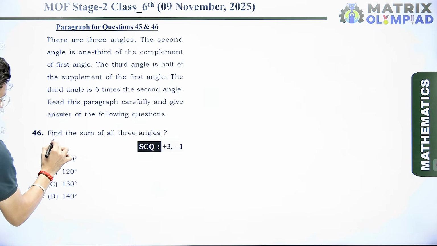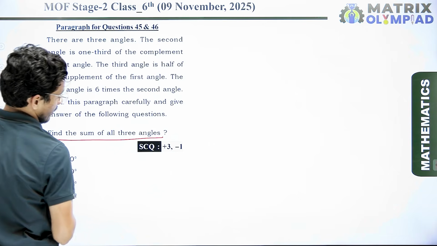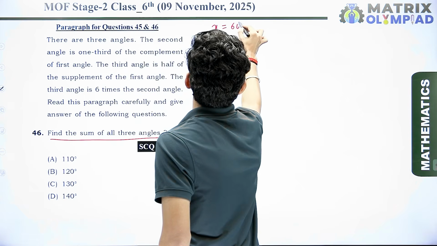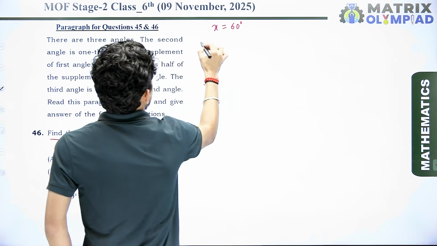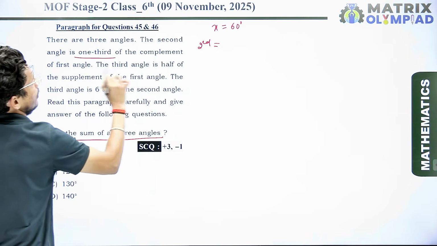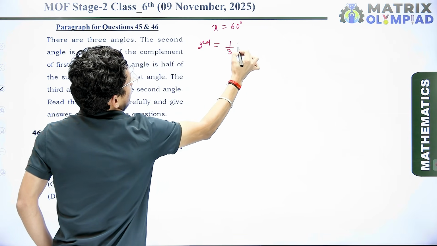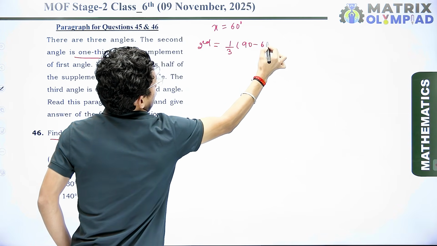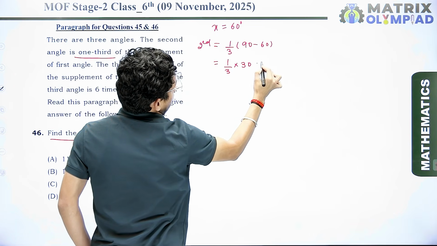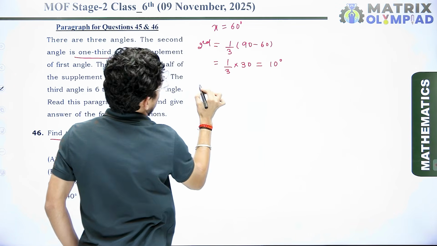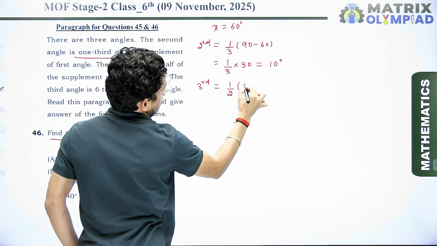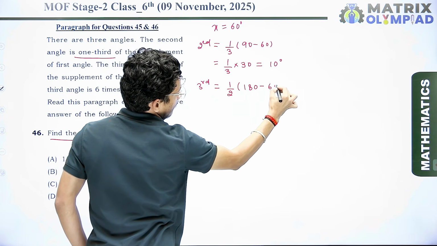Now the next question: find the sum of all 3 angles. The first angle is 60 degree, and the second angle is 1/3 of the complement of the first angle. So I can write 1/3 multiplied by 30, that is 10 degree, and the third angle is 1/2 of the supplement of the first angle.